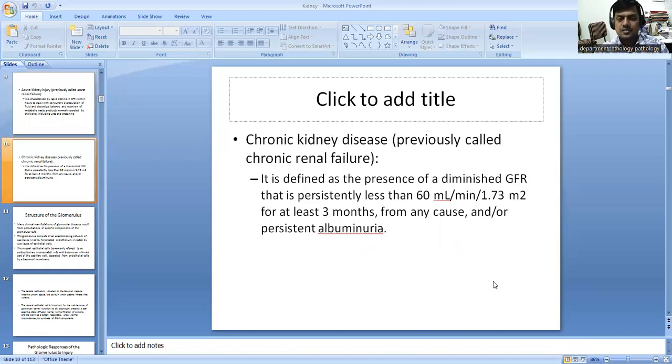Chronic kidney disease, previously termed chronic renal failure.